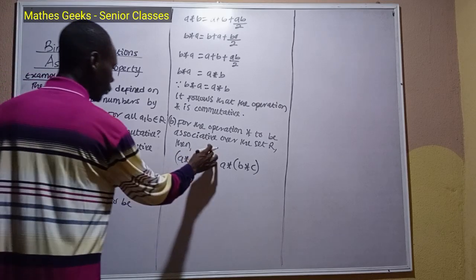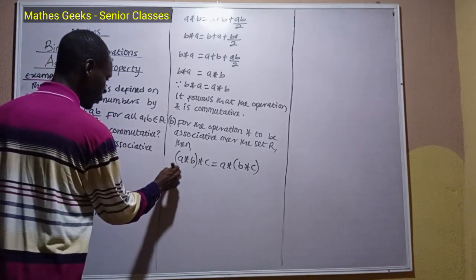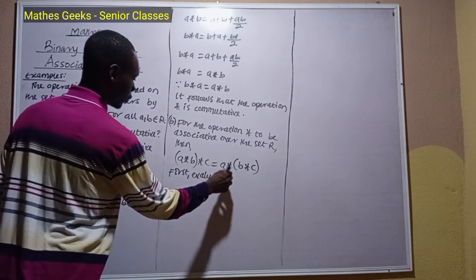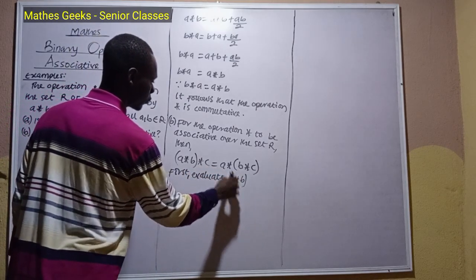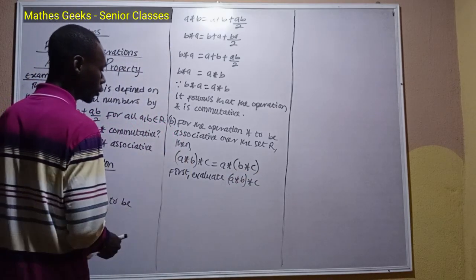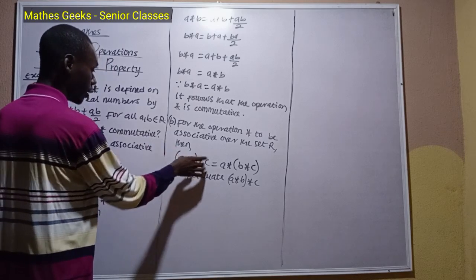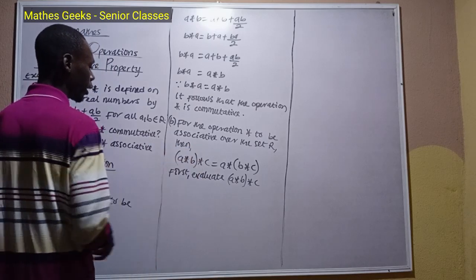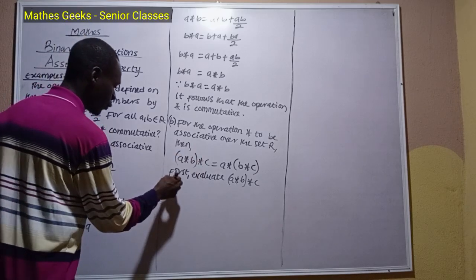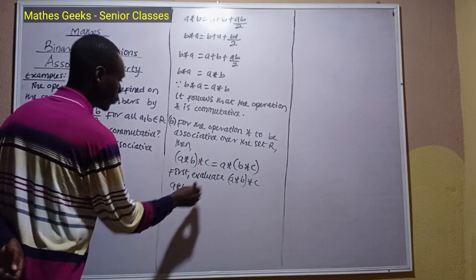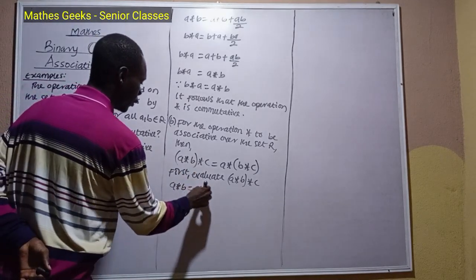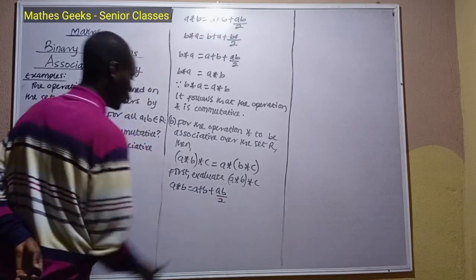So let's first of all prove this part. So first evaluate (A star B) star C. We cannot carry out the combination of the three elements at the same time, so we must first carry out the combination on the first two elements, which are enclosed by the brackets. So A star B is equal to A plus B plus AB over 2.